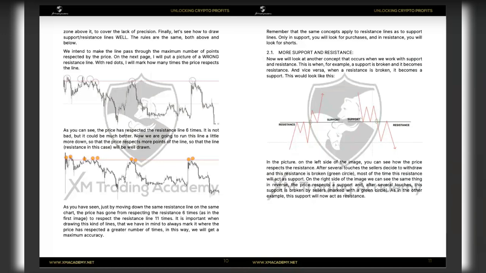If you don't understand, just state your question so that we can answer it before we proceed. All right then. So let me give you more illustration. Then we'll move to the concept of support turning to resistance.